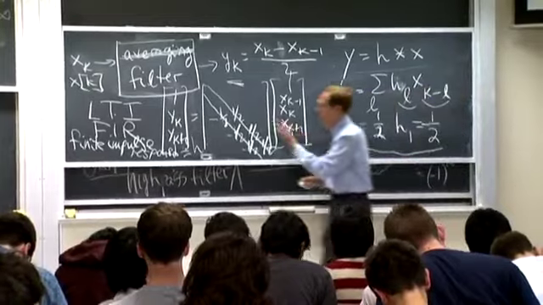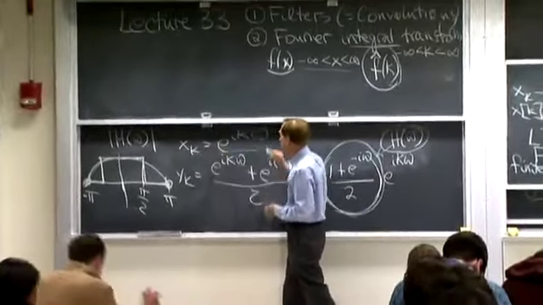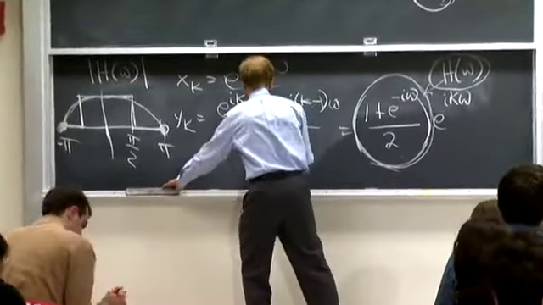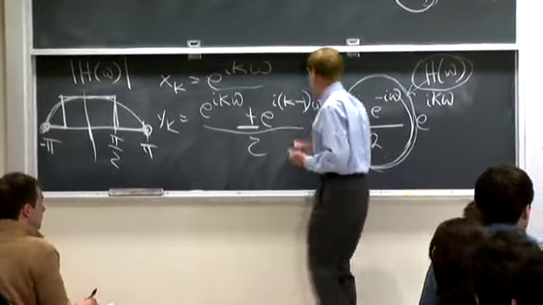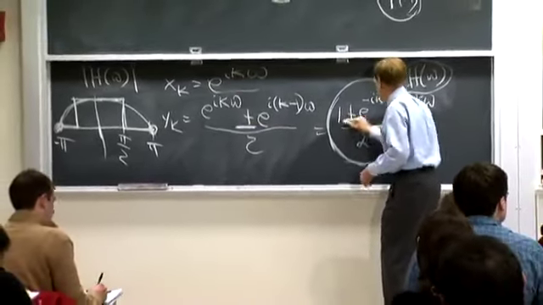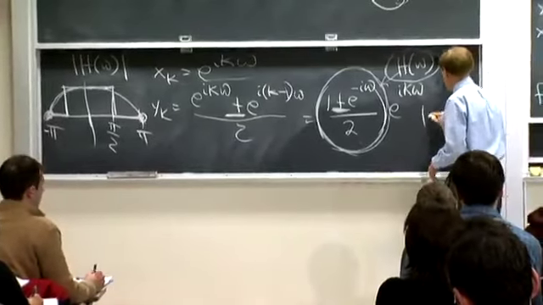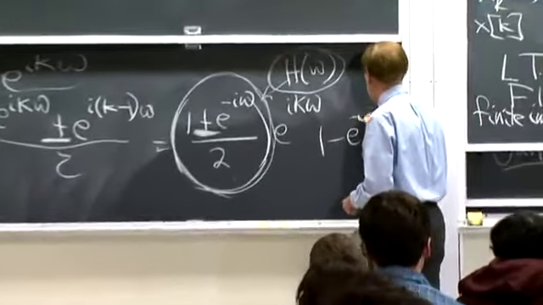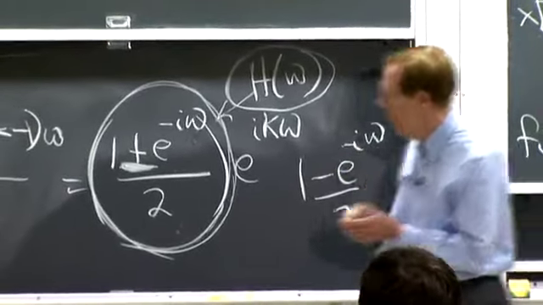So what happens if, in my picture over here, I send in any pure frequency? I'm now doing minus a half here. So I'll keep the plus, but I'll also add in the minus. Now I'm looking at 1 minus e to the minus i omega, over 2. Let's plot a few points for that.